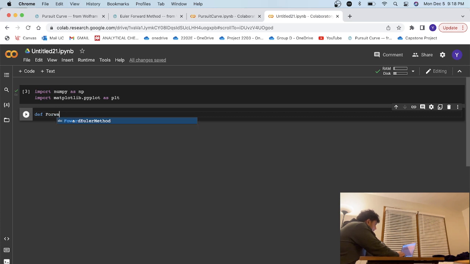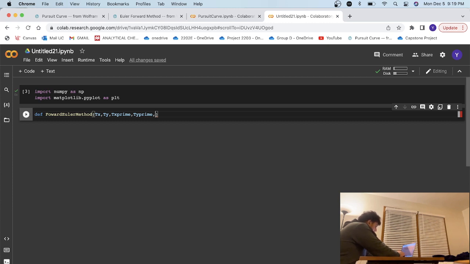We're going to define the forward Euler method. What are we going to take in? We want to take tx, the function of position for the target in the x direction, and ty, the function of the target in the y direction. Then we're going to have tx prime and ty prime. What is that? The speed of the target in the x direction and in the y direction.